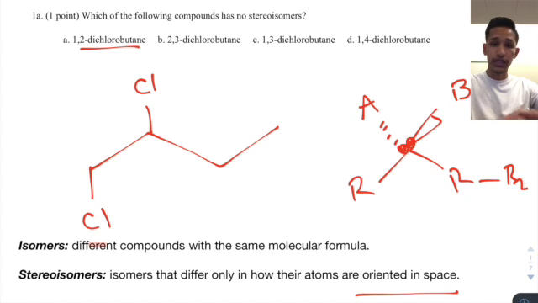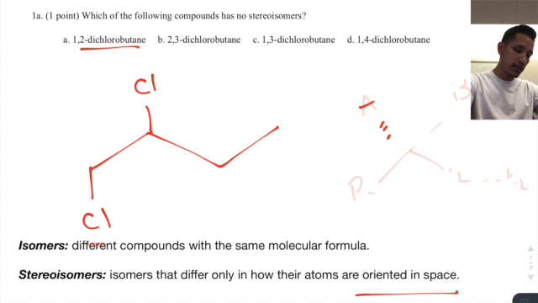And so that's where we start running into R and S conformations, and you should be learning that in this chapter. In natural products, such as natural drugs, the R and S conformations, or different orientations, have a significant difference on how they interact in the body. That's why stereoisomers are very important, even though it's technically the same compound, just orientated differently.